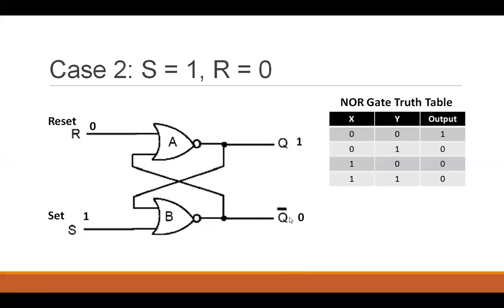So here is Q 0. This Q 0 is going to be fed into A, and 0, 0 into a NOR results as 1. So Q is going to become 1.